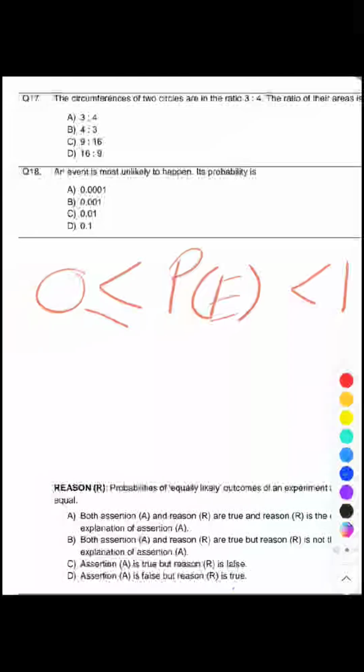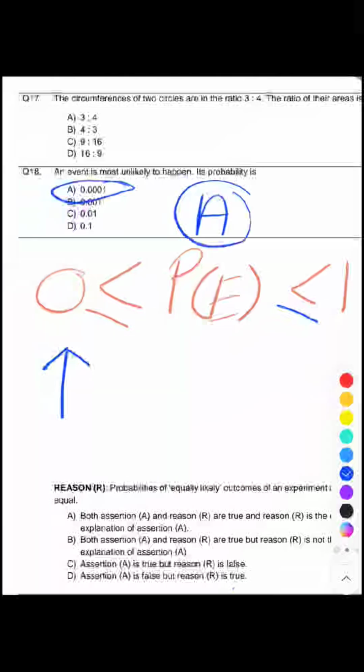You see here the 0 side is unlikely, means impossible, and this side is certain. So which is the smallest value? In option number A, 0.0001. So most unlikely probability is option A, the right answer.